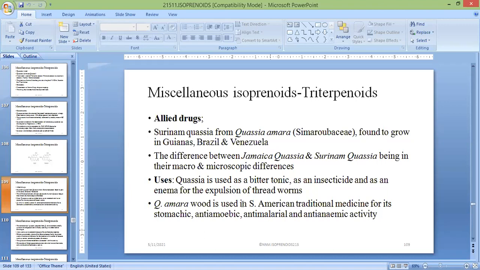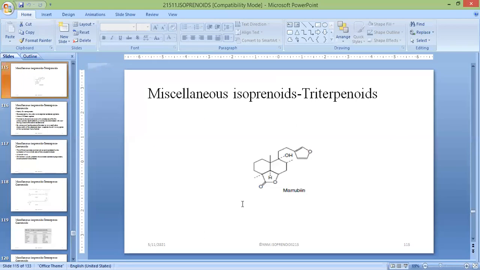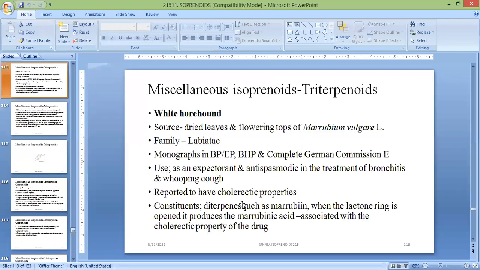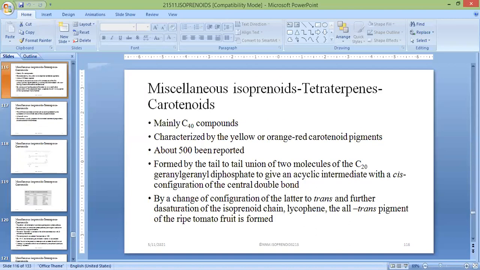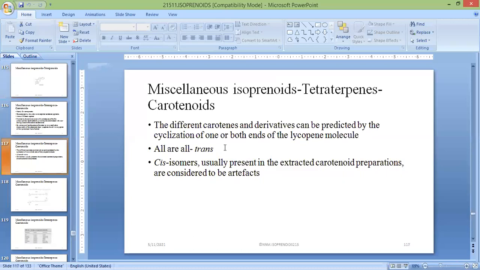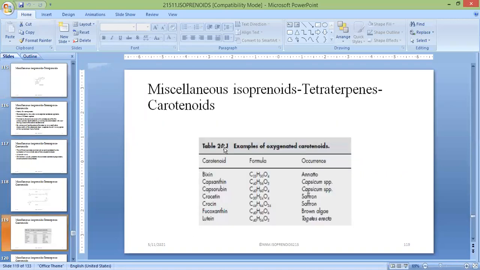For tetraterpenes, the major thing we have is the carotenoids, where we get our vitamin A from. The ingredient of interest here is beta carotene. A good example of where we get carotenoids from is carrots, just from the name.